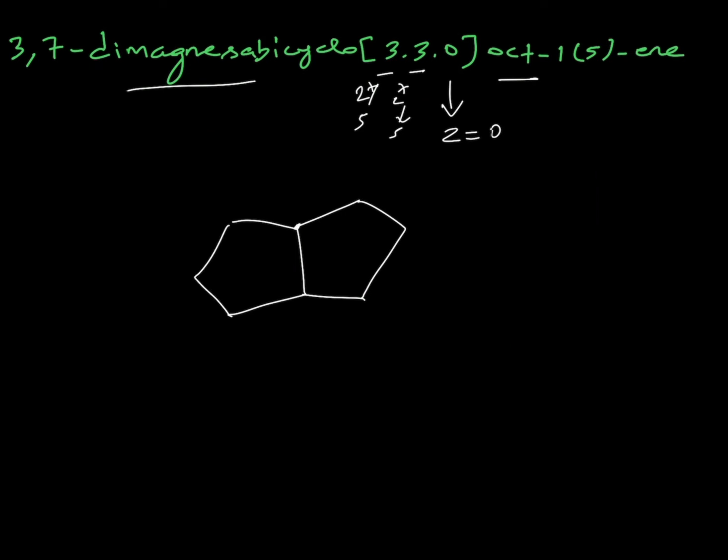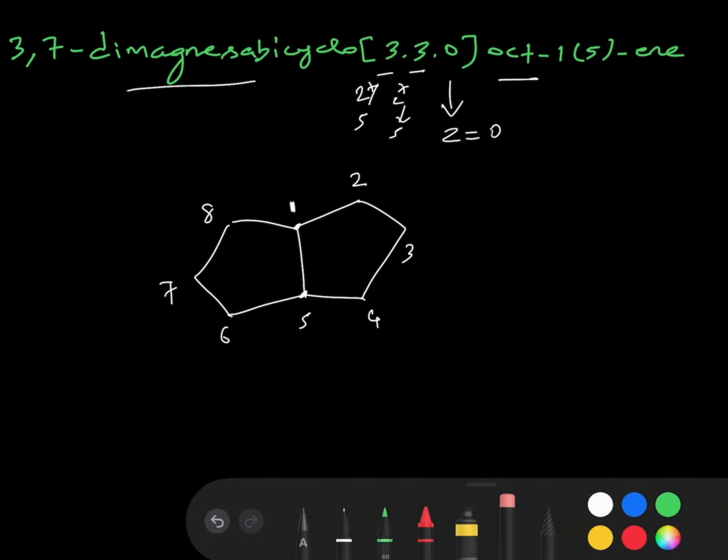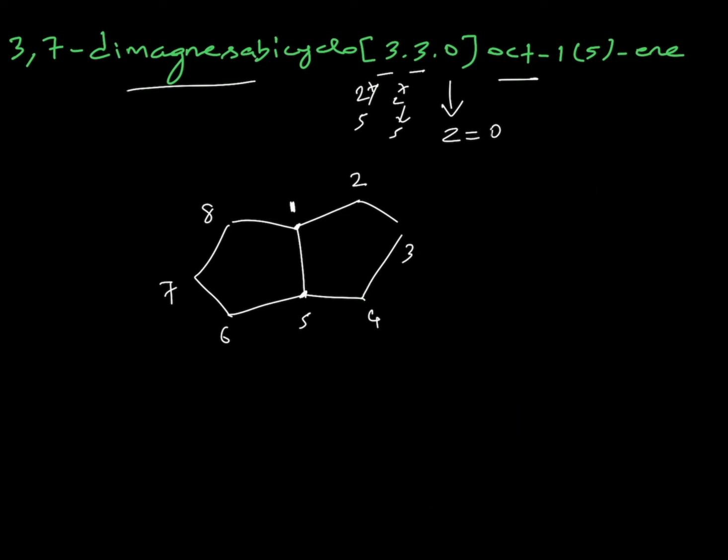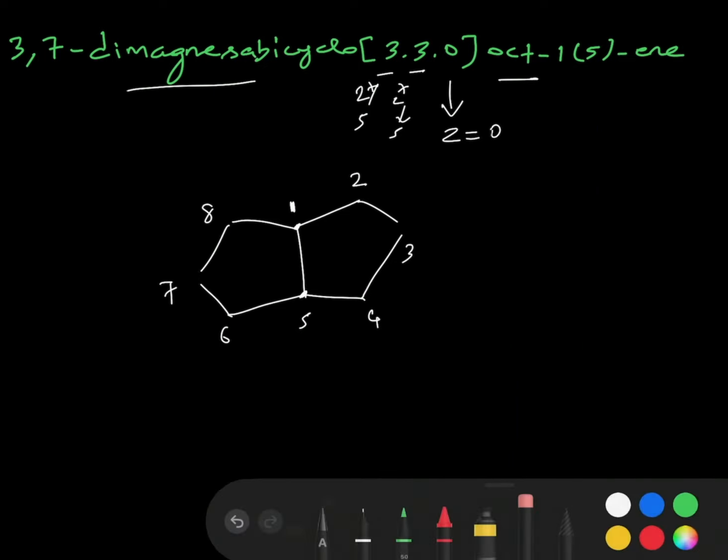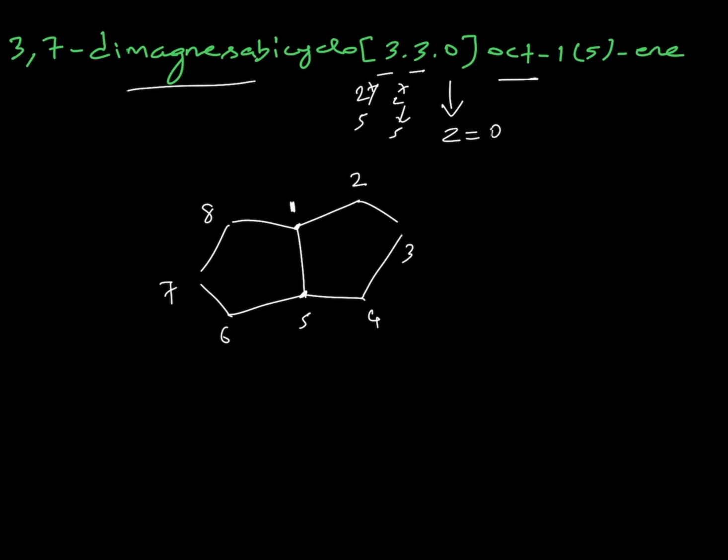And now, as you know, numbering starts from the bridgehead position. So this is 1, this is 2, and then this is 3, 4, 5, 6, 7, and then 8. Now at 3 and 7 we have magnesium atoms. So let's put the magnesium atom there at 3 and 7.